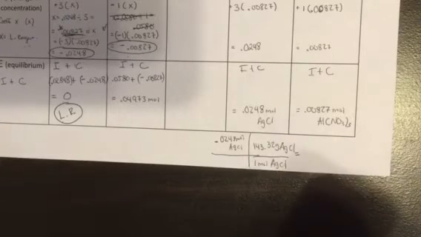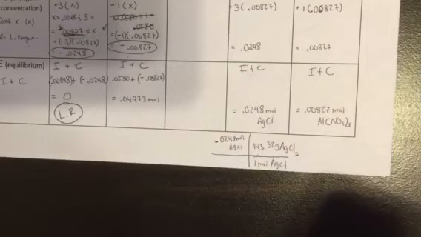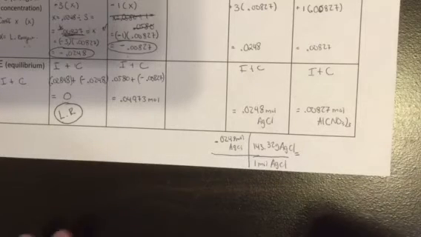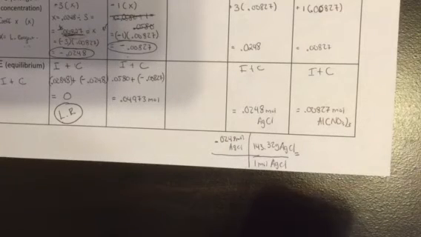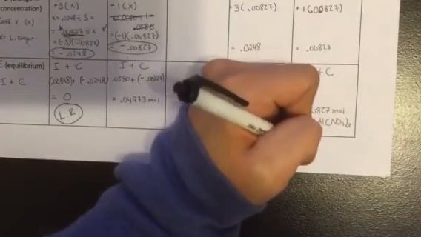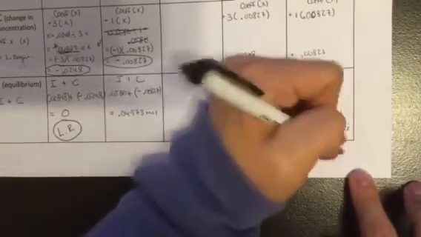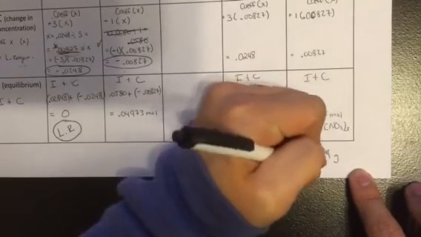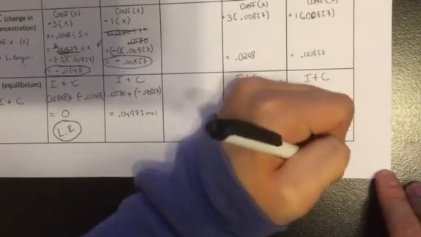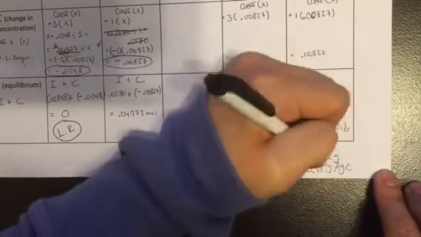And then what would be my answer? All I have to do is multiply straight across. 0.0248 times 143.32 is 3.554. So grams, 1, 2, 3 sig figs, so 3.55 grams of silver chloride.